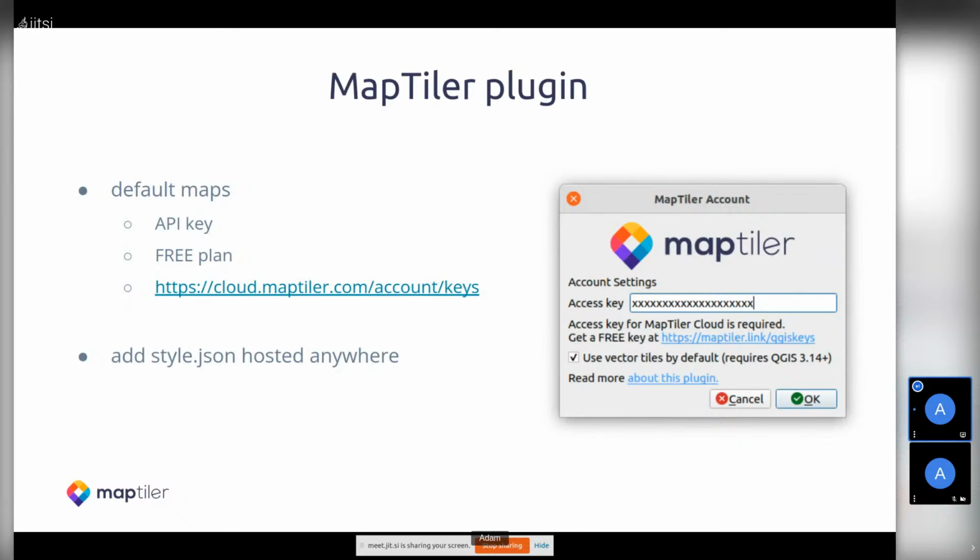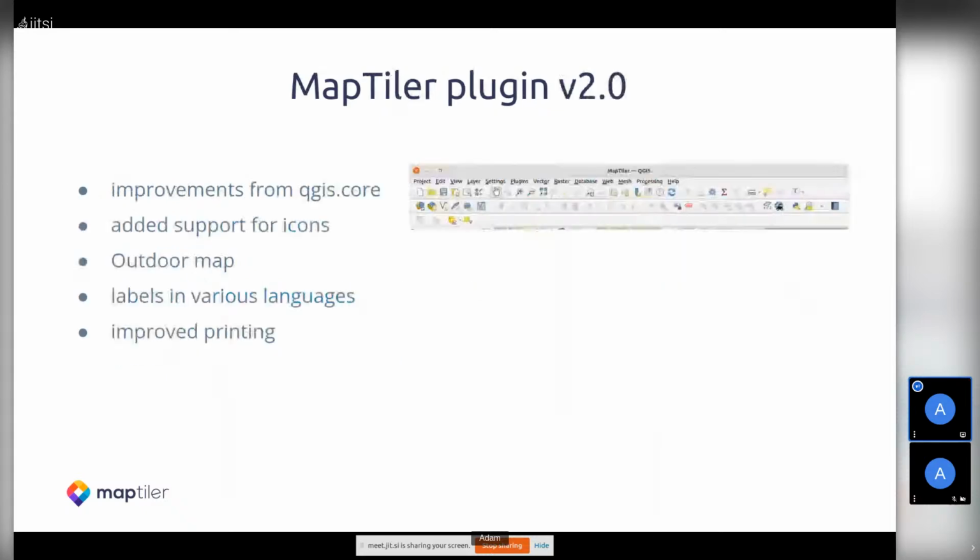But if you want to use the maps and vector tiles from MapTiler Cloud, you have to have an API key, which you can get if you sign in with your Google account on MapTiler Cloud.com. We have a free plan, which is more than enough if you want to just play with the vector tiles. But as I said, if you have your own style JSON hosted on your server, you don't need the API key.